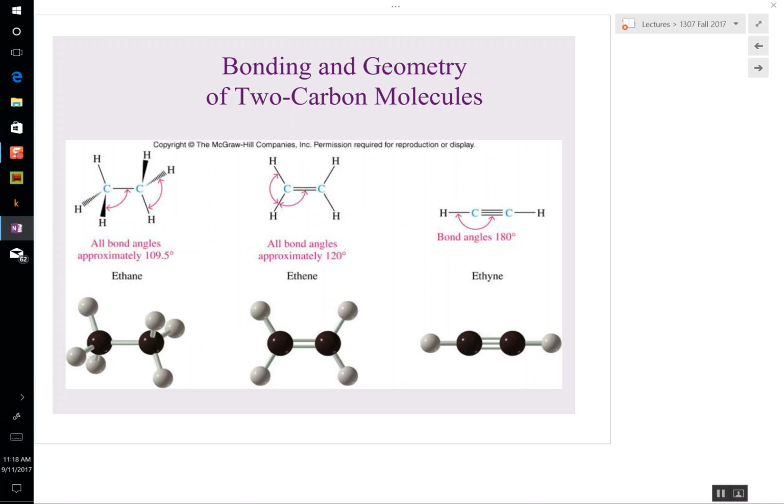We've gone around a circle. So there are 120 degree bond angles around a double bond. 180 degree bond angles around a triple bond. 109.5 degree angles around a single bonded or saturated carbon. It has 4 things coming out in 4 equal directions.